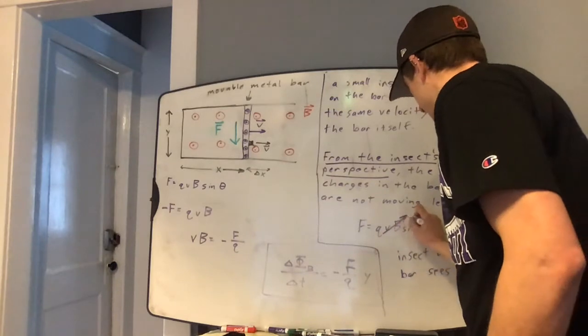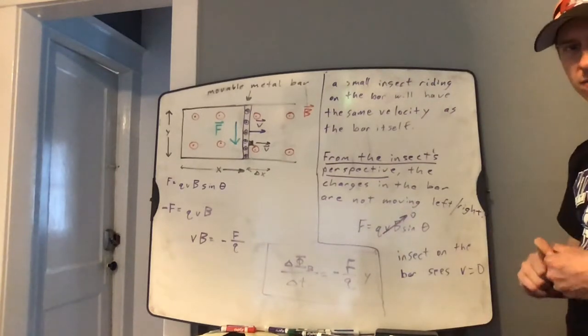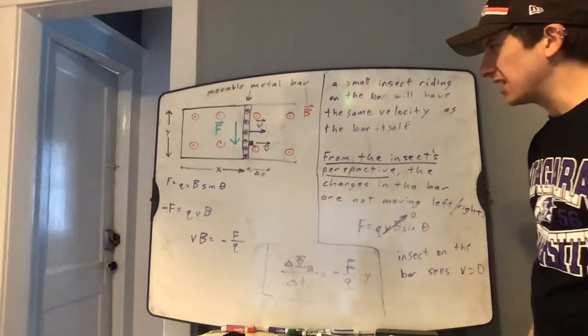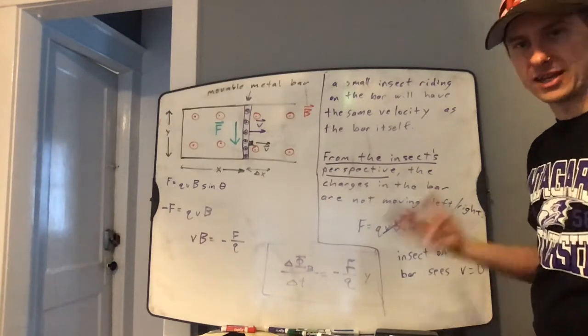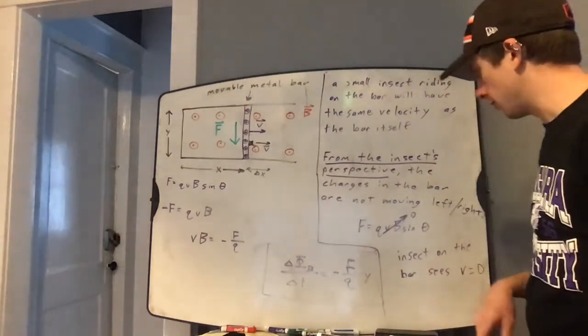So the insect sees a magnetic force of 0. We see a magnetic force that is not 0, something greater than 0.